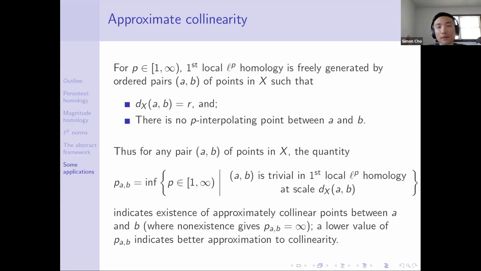And then you could imagine doing something like this: if you fix a pair of points A and B, you can ask, are there collinear points between them, or approximately collinear points, and how collinear are they? Given A and B, you could take the infimum of the values of P for which that pair represents 0 in first local LP homology.